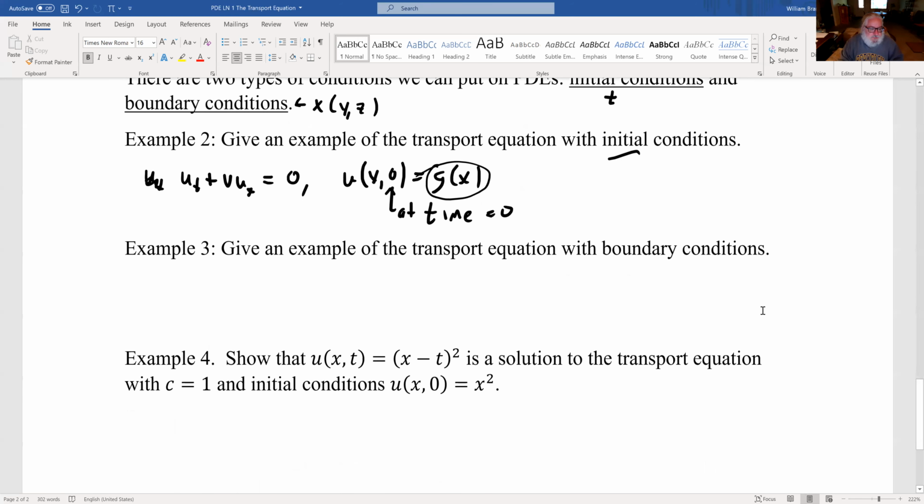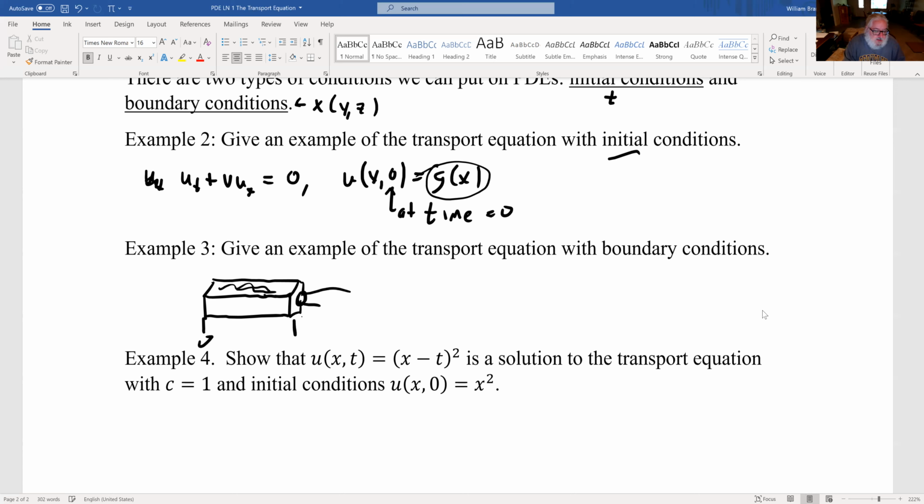Boundary conditions. Well, imagine that we have a channel that we're having water flow through, right? And it starts here, and not sure how I can draw this, right? We have water. Okay, we'll just draw a bad diagram. And then there's a pipe here that it goes into, right?